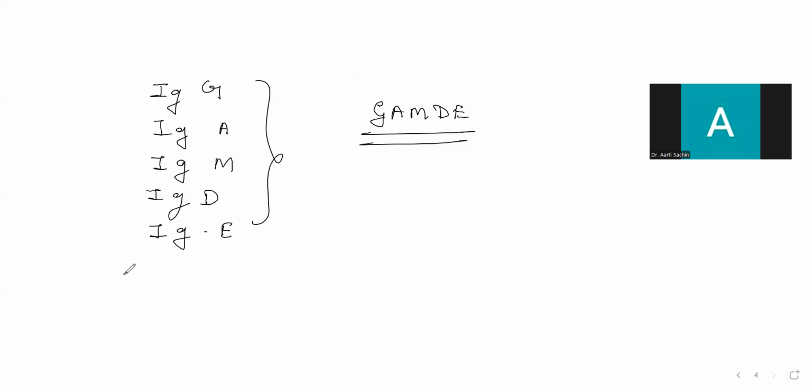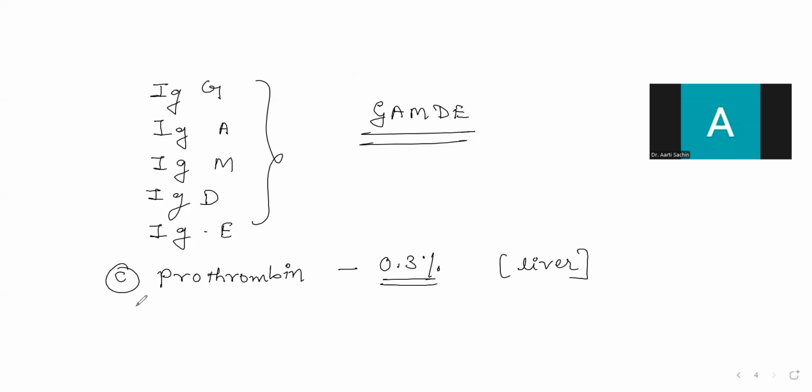Okay. Also, we have prothrombin in our blood. The prothrombin percentage is only 0.3%, and this is also produced in our liver. Lastly, we have fibrinogen. Fibrinogen is again 0.3%, which is again produced by the liver.